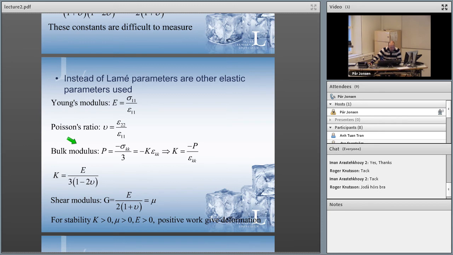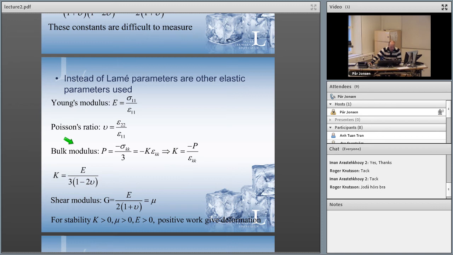Another way of writing it is like this. So if you find, for example, Young's modulus and Poisson ratio for a material, and you know it's an isotropic material, with this relation you can find the bulk modulus. And you have other ways also.